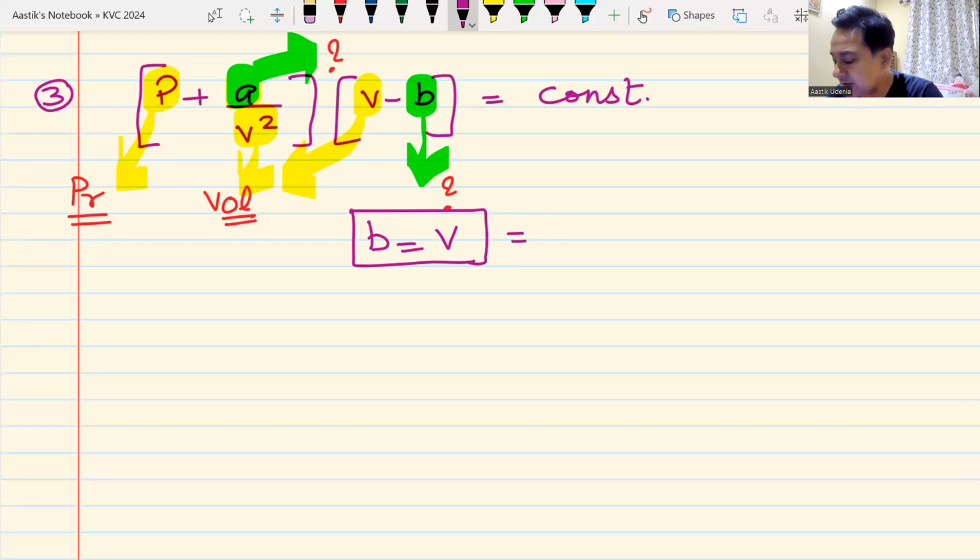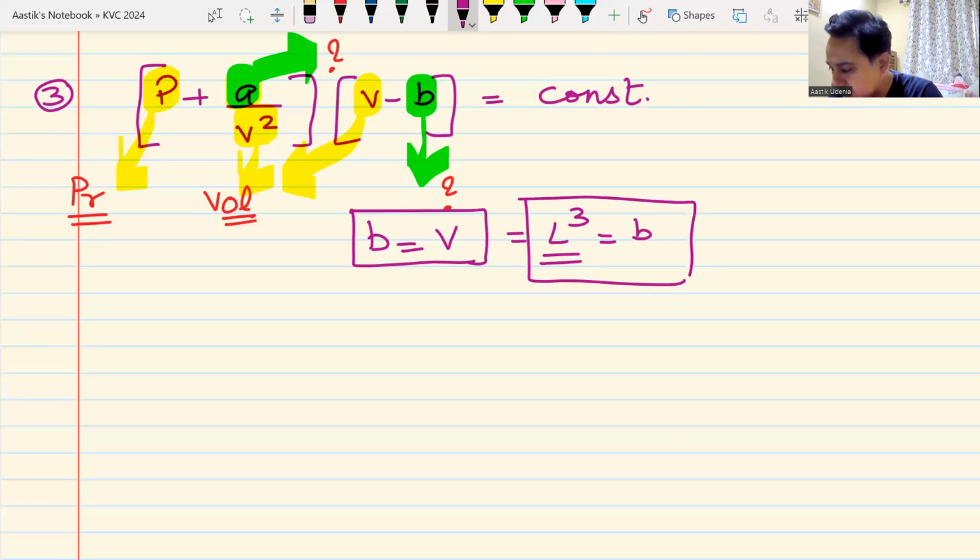The dimension is L cube, and therefore the dimension of B also becomes the dimension of volume. B is volume and the dimension is L cube. The green box. Do we understand this?